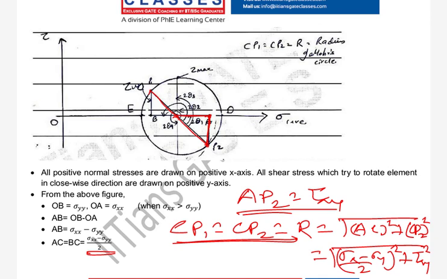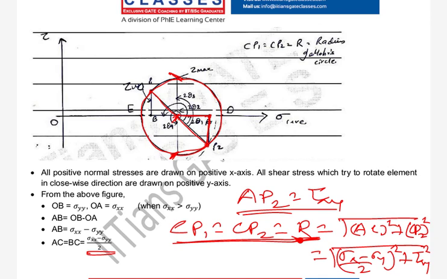Now since you know the radius of Mohr circle, what we can do? We can draw a circle with radius r, right? Now you can see this is the maximum value, right? So tau maximum is nothing but the radius of Mohr circle. That anyway we will discuss later.